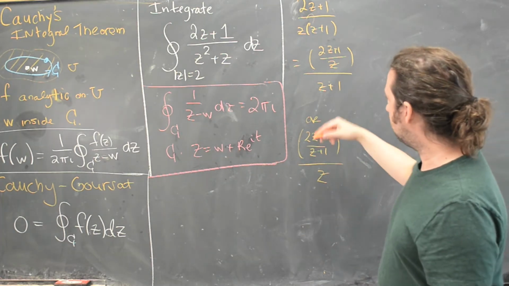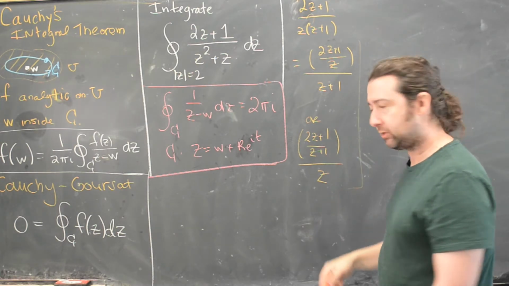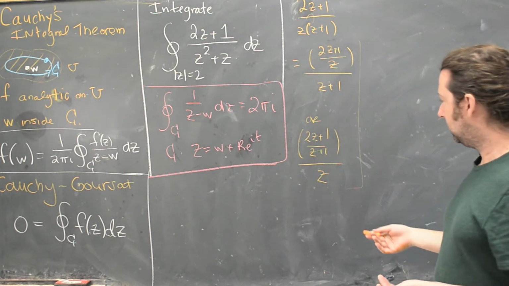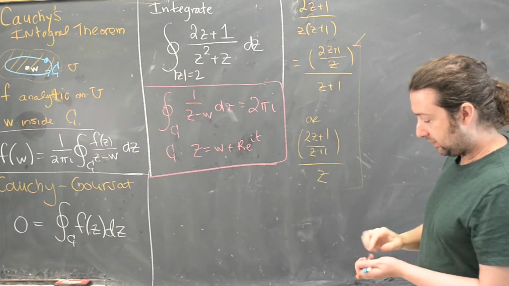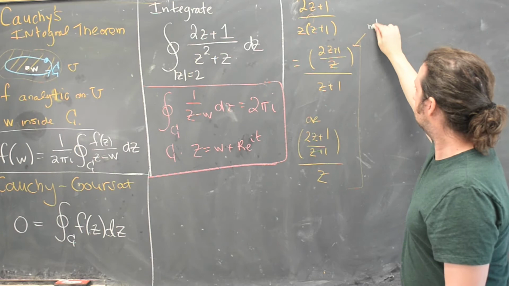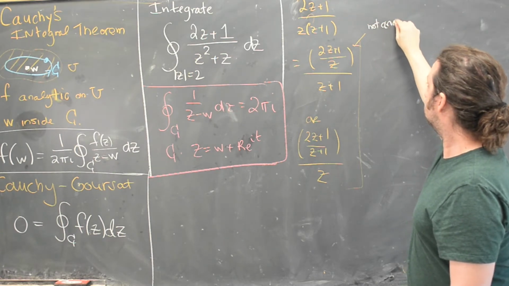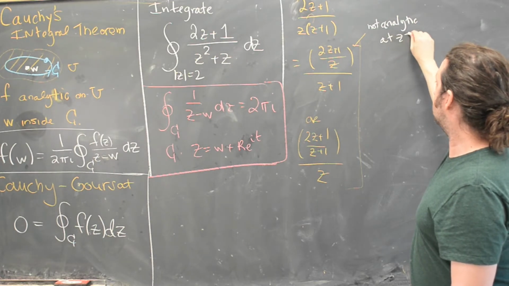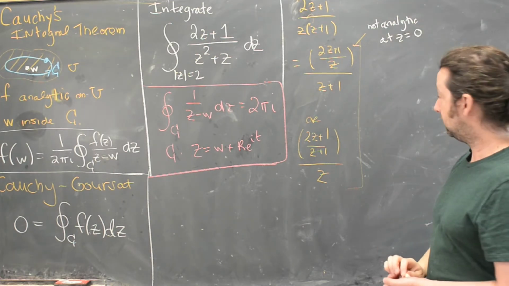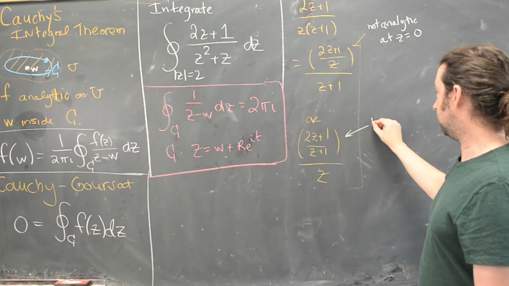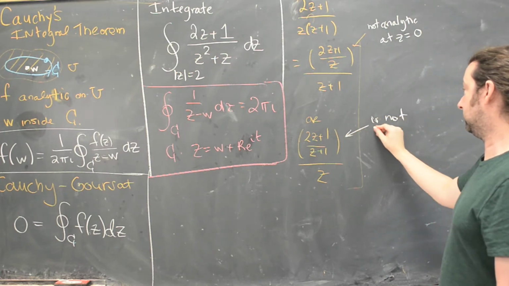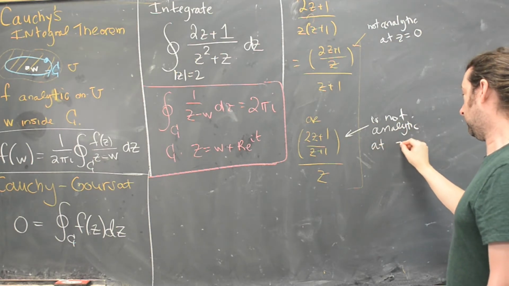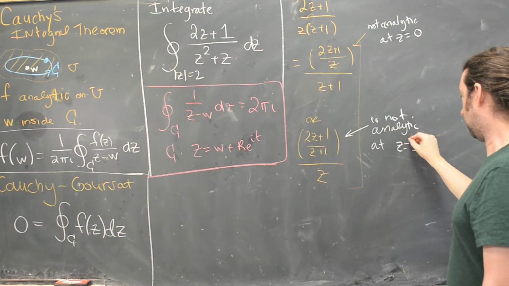Problem is, in the setup that we have right here, so this is the sort of typical Cauchy integral theorem algebra trick. The problem in the setup that we have here is that this function is not analytic at z equals 0. And this function is not analytic at z equals negative 1.